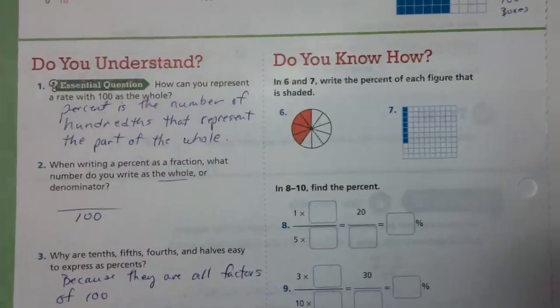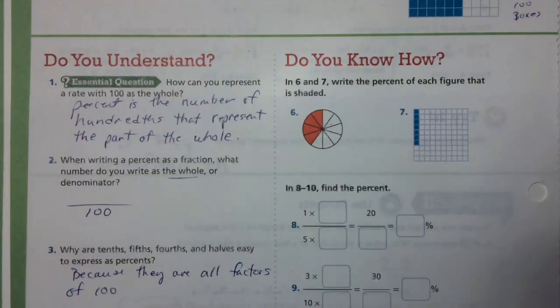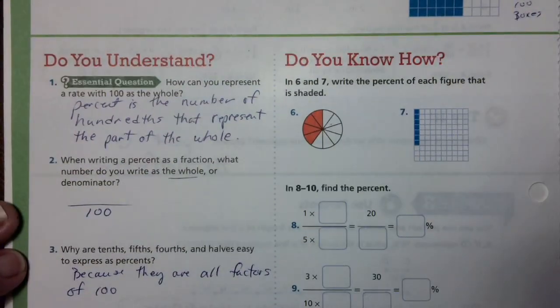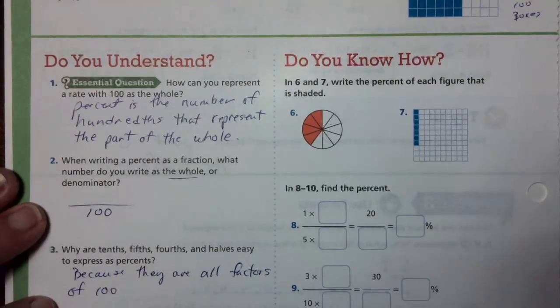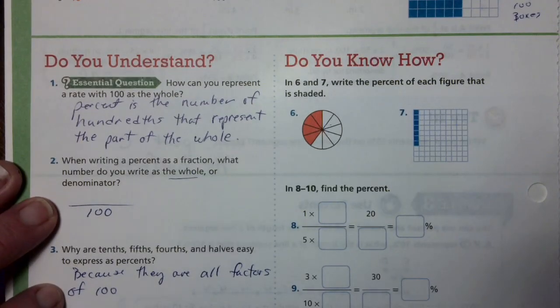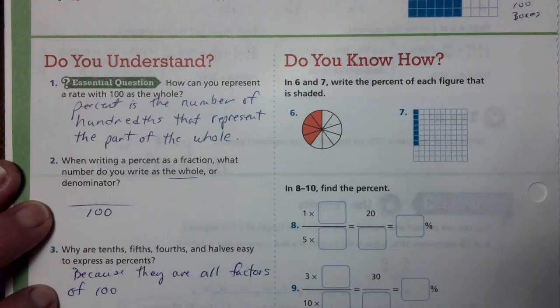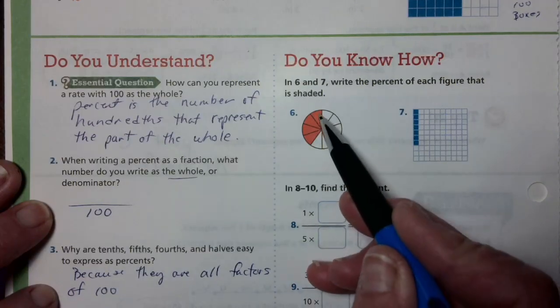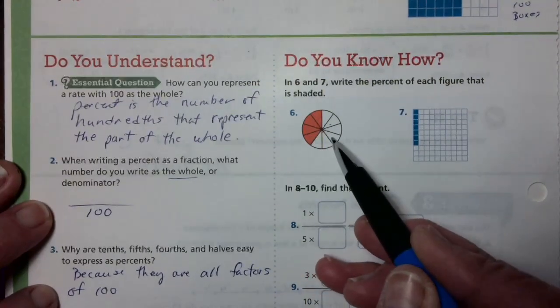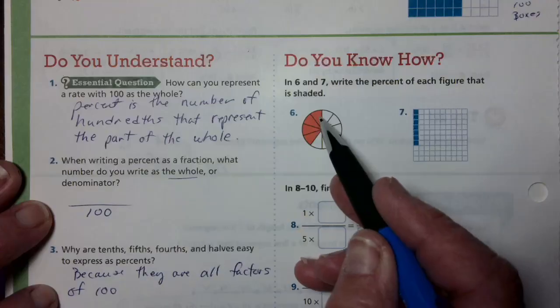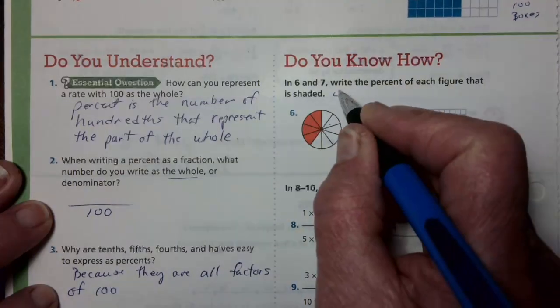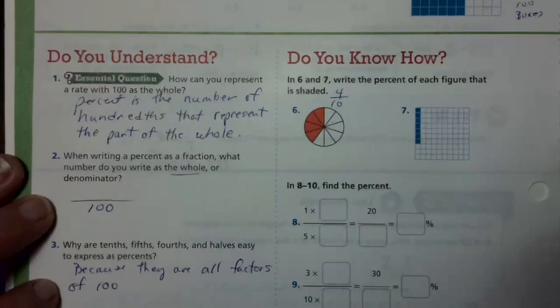Okay, let's go to number 6. Write the percent of each figure that is shaded. First of all, we have to know how many divisions there are. So there's 1, 2, 3, 4, 5, 6, 7, 8, 9, 10. And there's 1, 2, 3, 4 shaded. So there's 4 out of 10 that's shaded.